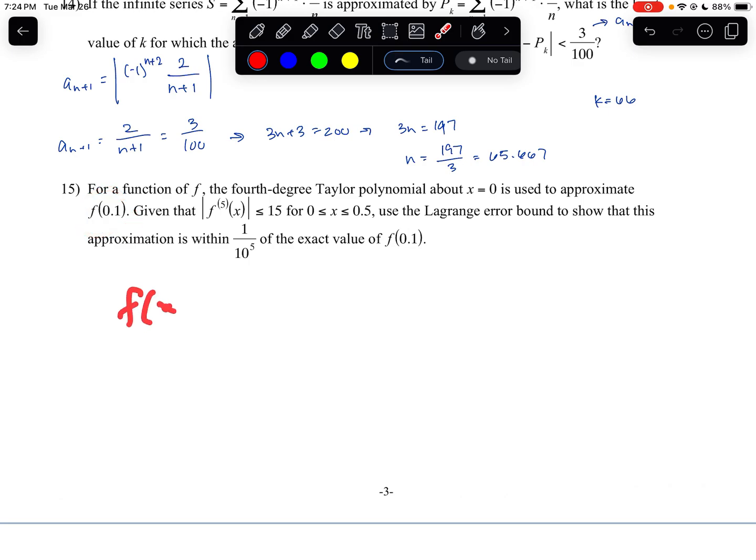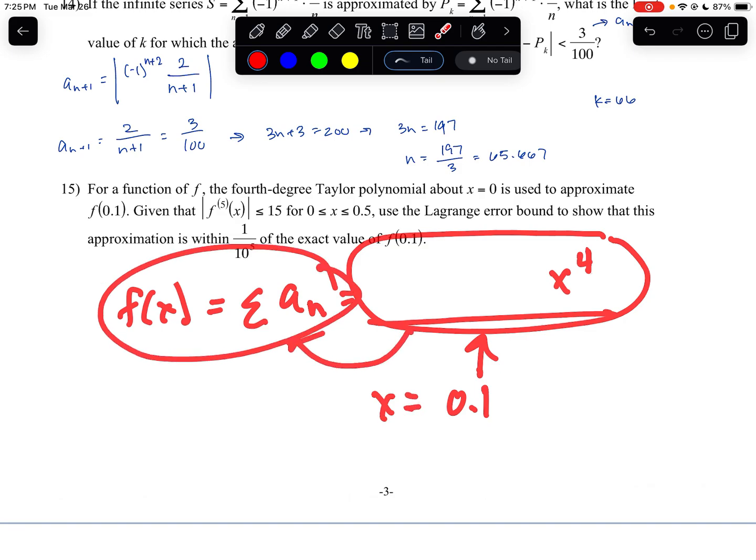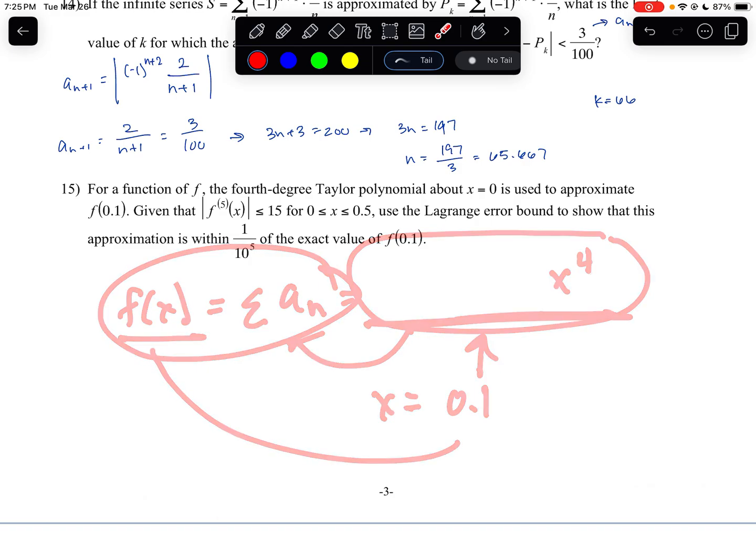We have f of x, and this f of x is equal to some sort of power series right here, and this series can build out a polynomial, and we're going up to the fourth term of this Taylor polynomial. Okay, and we're going to plug in 0.1 for x to approximate all of this right here. So we're using the Taylor polynomial to approximate f of 0.1.